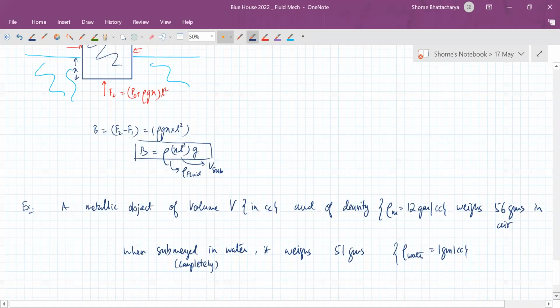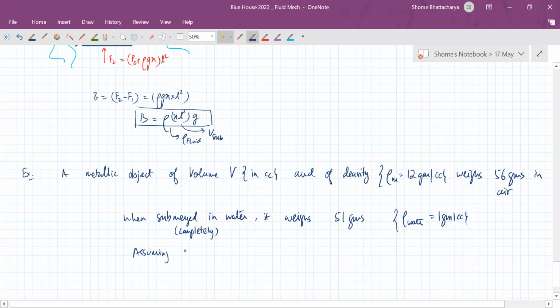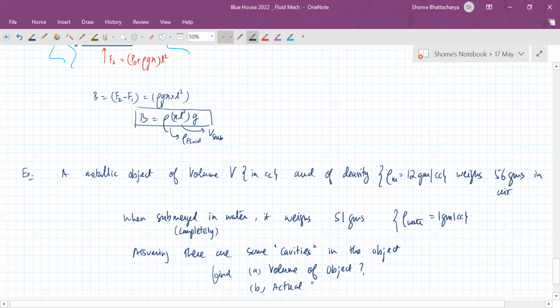Assuming there are some cavities in the object, you have to find the volume of the object and the actual volume of metal in the object.